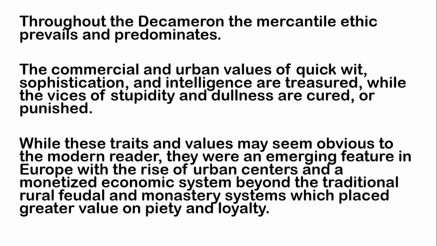While these traits and values may seem obvious to the modern reader, they were an emerging feature in Europe with the rise of urban centers and a monetized economic system beyond the traditional rural, feudal, and monastery systems, which placed greater value on piety and loyalty.